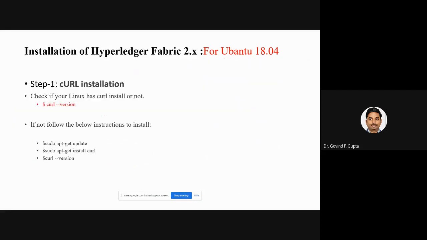So how to install? Before installing curl, first check if curl is available on your system or not. You can check by this command: curl double hyphen version. If some output is shown with a particular version of curl, it means curl is already installed.